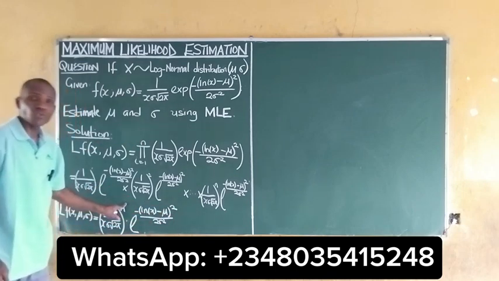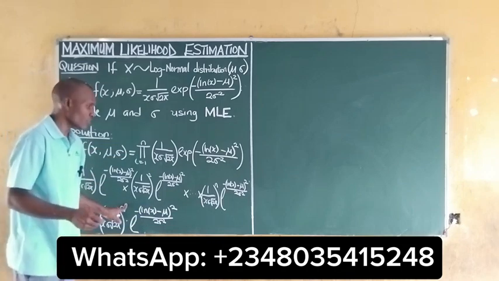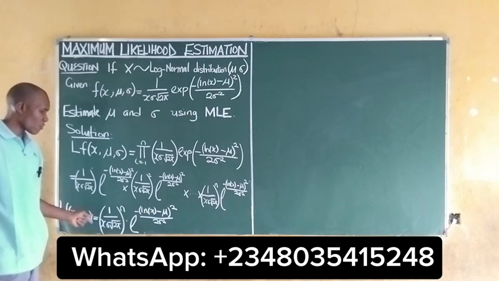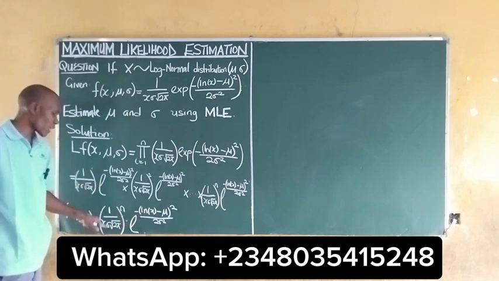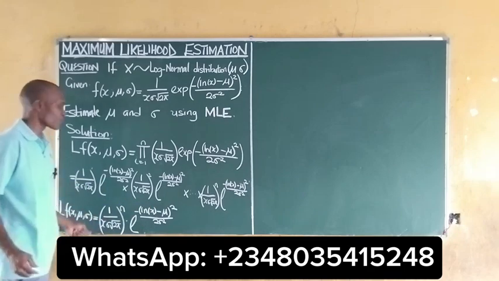So the next thing to do for the maximum likelihood estimation is to take the log of this function. But before we take the log, we need to rearrange this so that it will be very easy for us to compute.